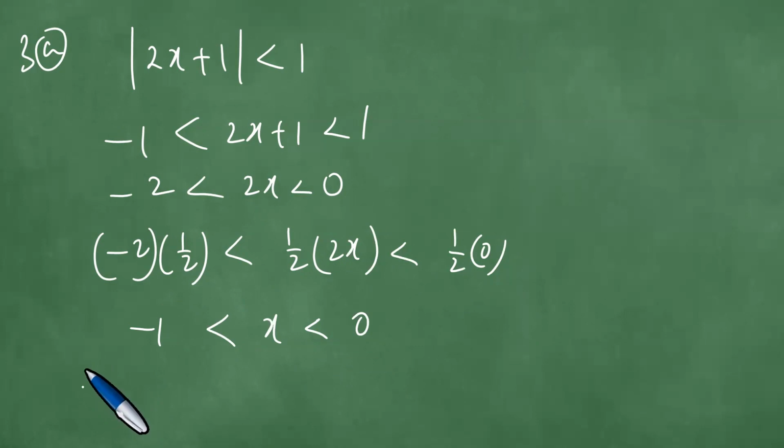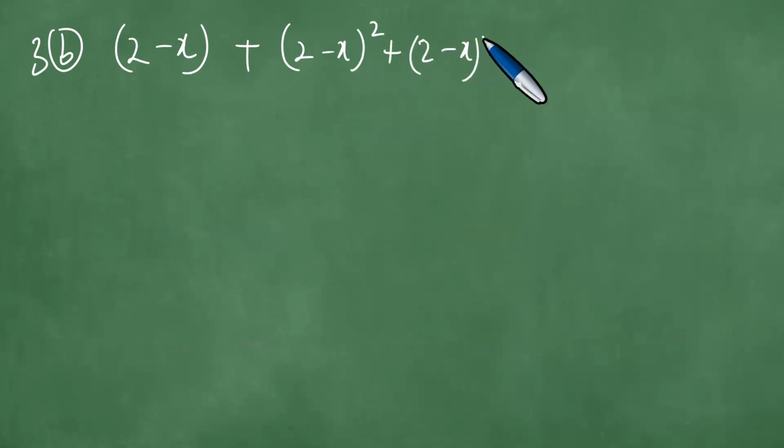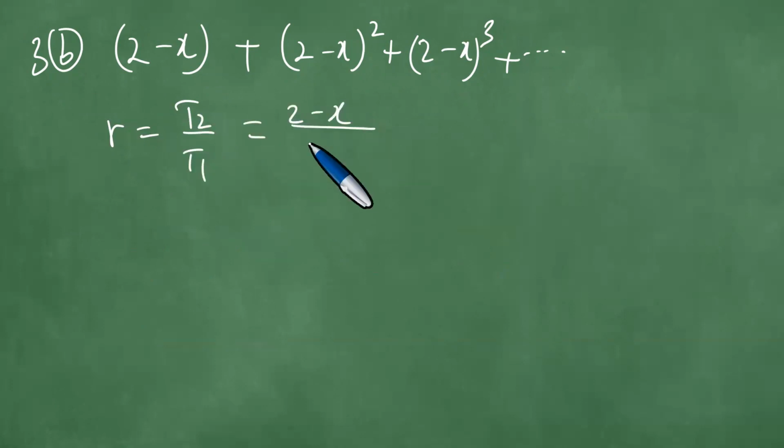Okay, now you're looking at 3b. The series is 2 minus x, 2 minus x squared. So the common ratio is t2 over t1, which is 2 minus x squared divided by 2 minus x, which is 2 minus x.